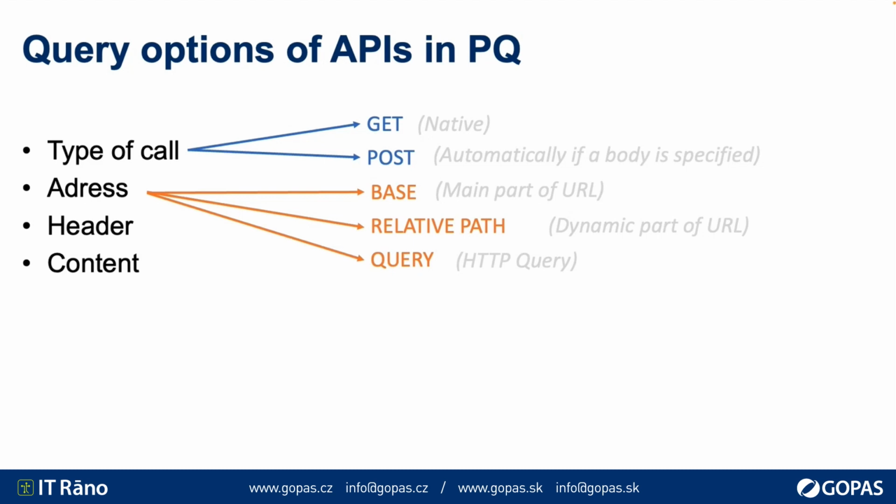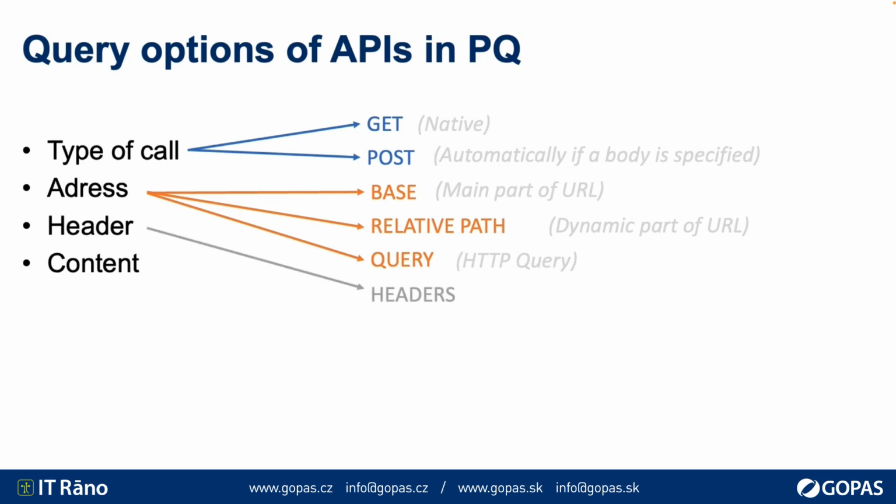Then we add a relative path, which is a dynamic part of a URL that can be changed meanwhile in a query. So it should be separated from the base path to be able to set the authentication on the base. And then the query, if it's necessary. So the HTTP query that is set up behind the question mark in the URL.